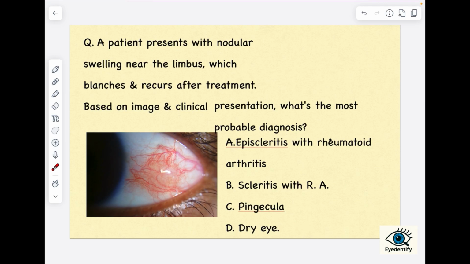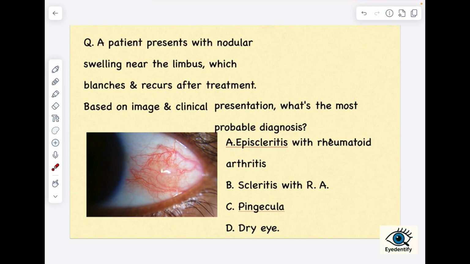As we have seen in the first question on the topic of limbal nodules, pinguecula is a yellowish degenerative nodule and it happens more towards the limbus side. This lesion is away from the limbus, and this is not a yellowish degenerative nodule. This is a transparent fluid filled nodule. So the pinguecula option is cut down.